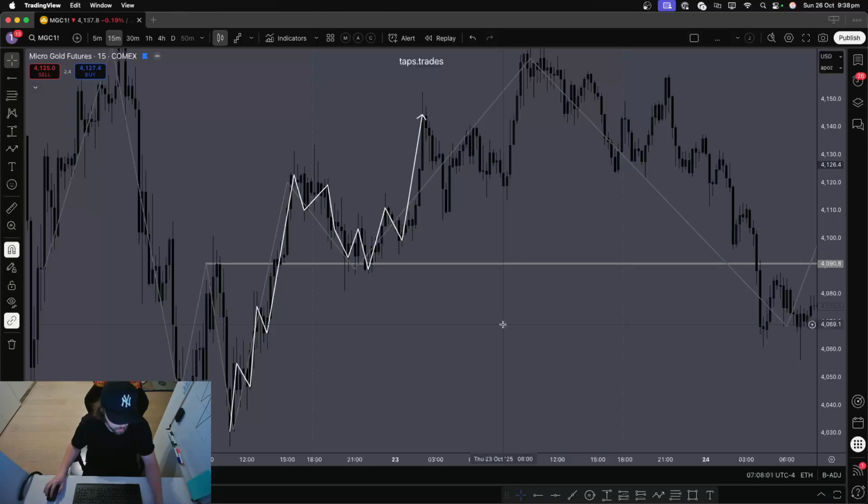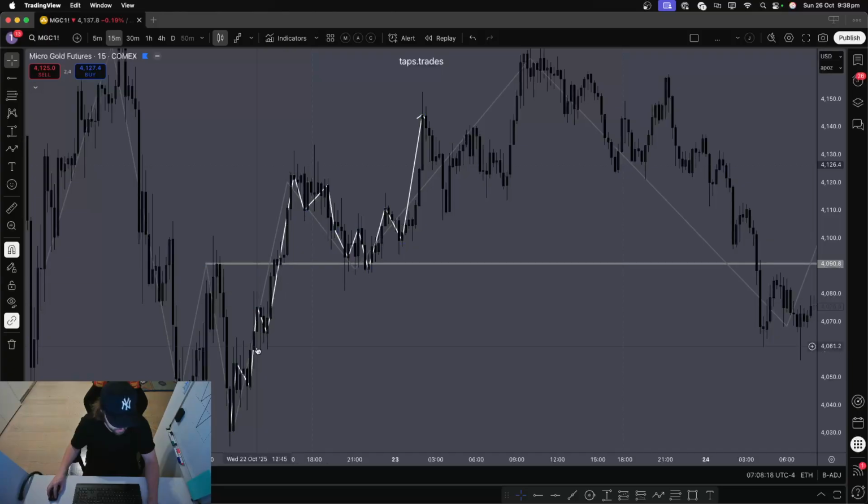And what we're looking for is, if you're putting all the pieces of the puzzle together, when I say that I mean the three phases: indication, correction and continuation.